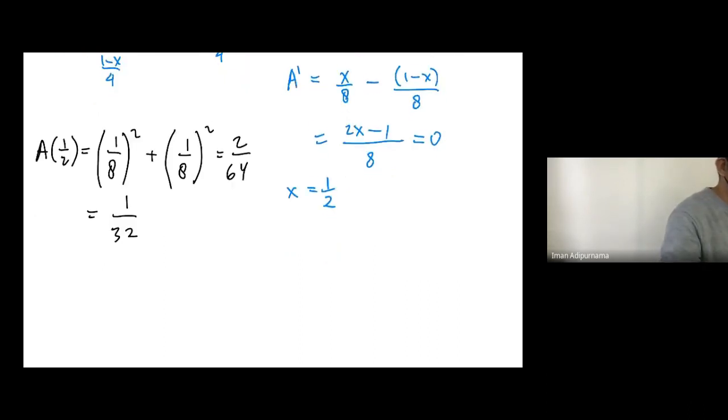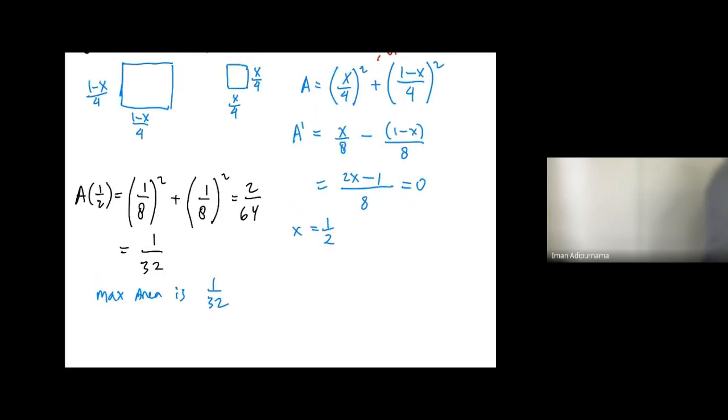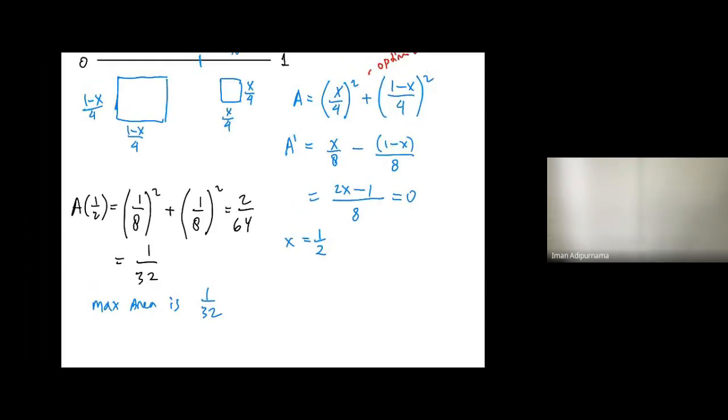And then maybe you write the answer on your test: the maximum area is 1 over 32. Okay. It seems okay, right? Do you think it's okay?